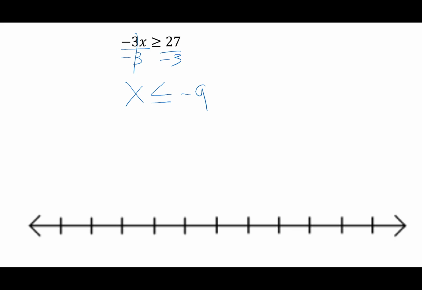Remember, I flipped the sign because I divided by a negative. So closed circle because it's equal to. And I'm shading to the left because it's less than.